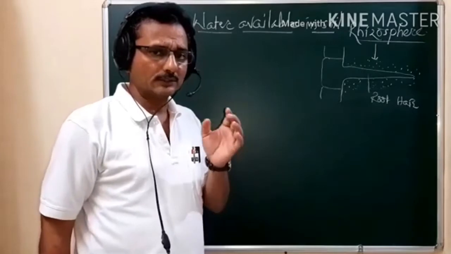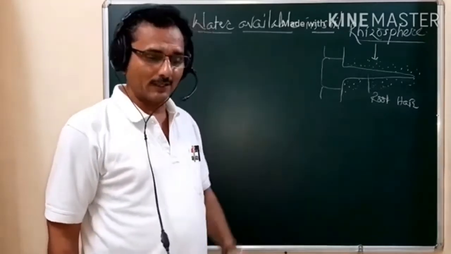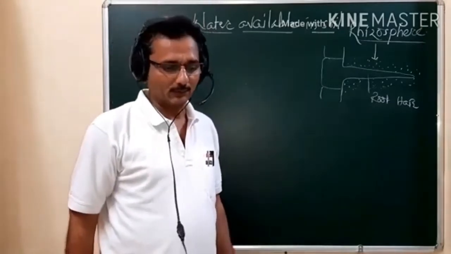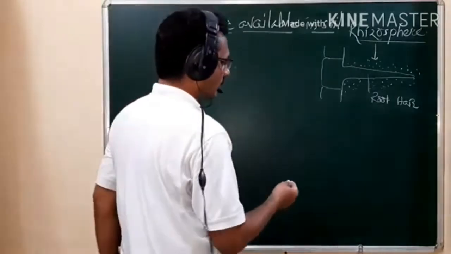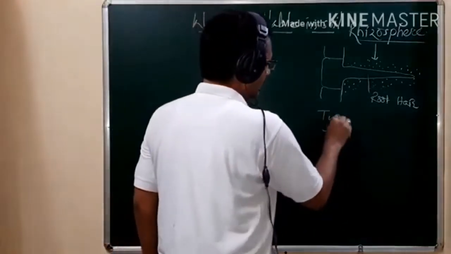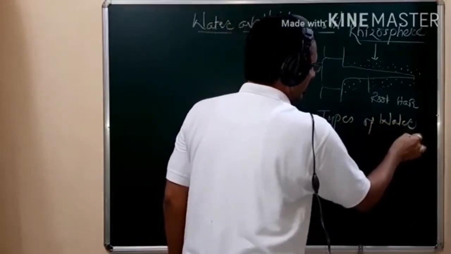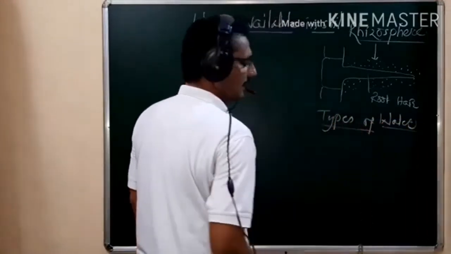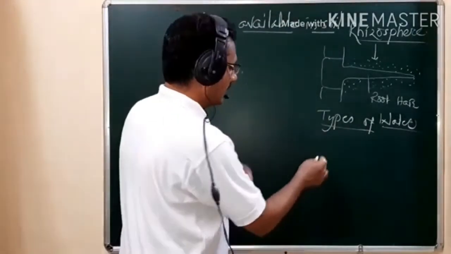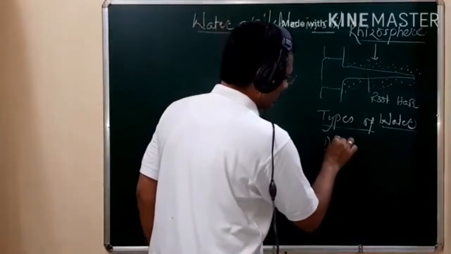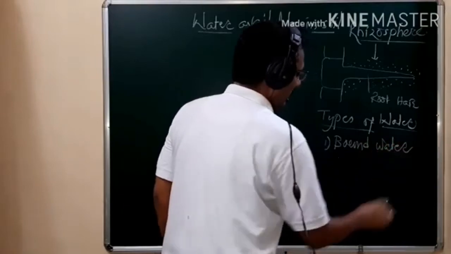Before going to what type of water they actually absorb, what types of water are available in the soil? There are three types of water present in the soil. The first type of water is called bound water.